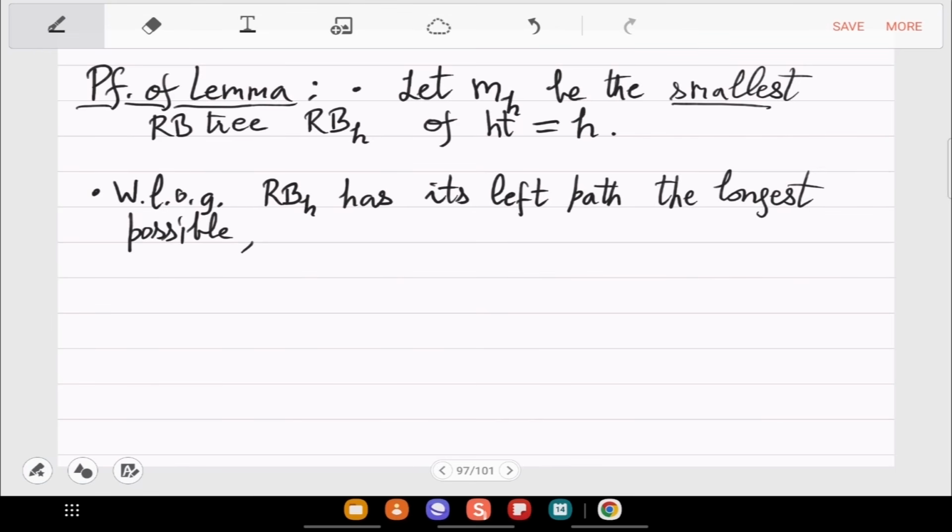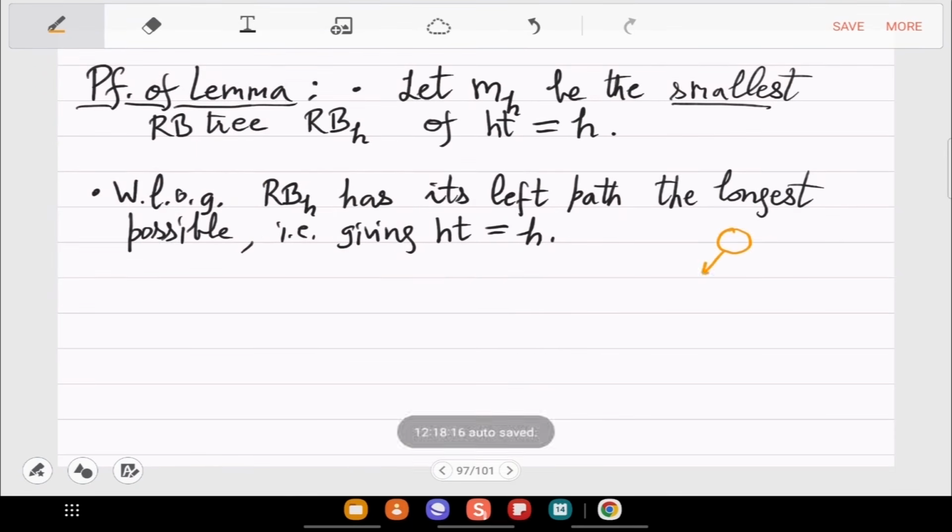Okay, so pictorially you have the root, and let's say red is the root, then you have a black child, and then again you may have a red and so on, and then it ends in a leaf which is null.